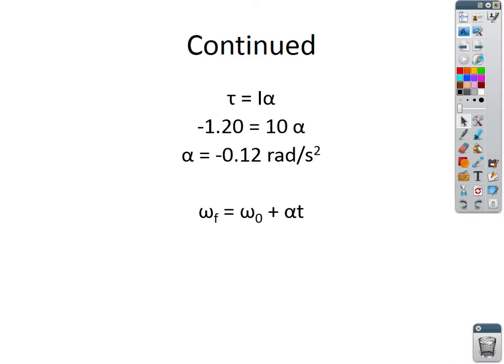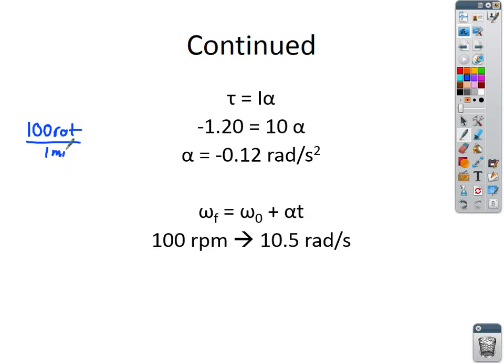I know the final and initial angular velocities, and I know what alpha is, but I need the time. The only thing I need to do is convert RPMs to radians per second. We talked about that before. 100 rotations per minute has to be in radians per second.